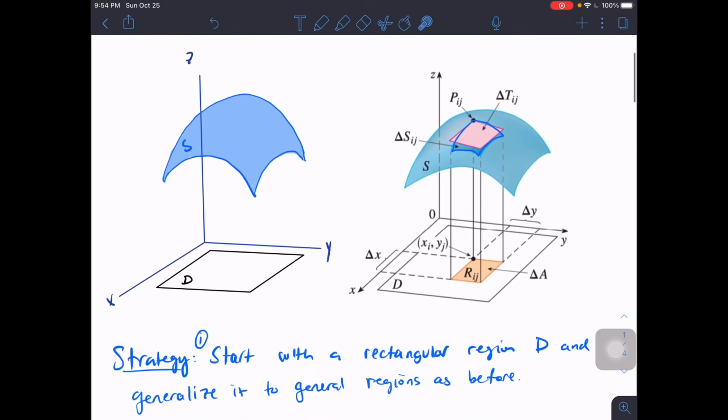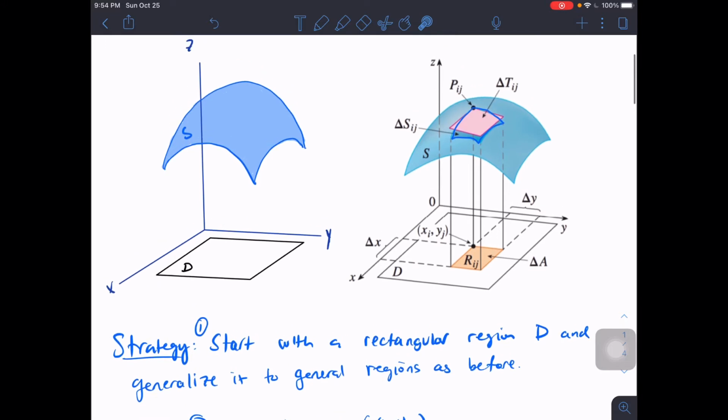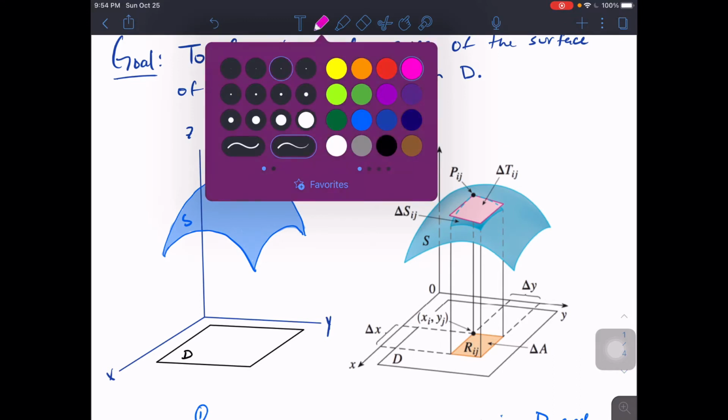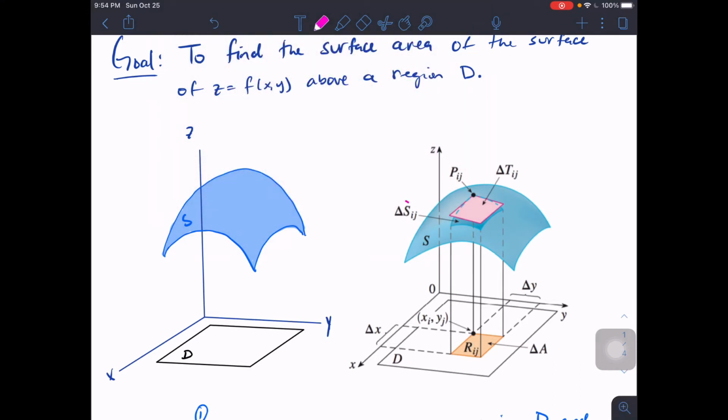Well, what we're going to do is consider at this point a tangent plane, okay? Now, this is a small picture here, but imagine you had a big tangent plane at that point, okay?